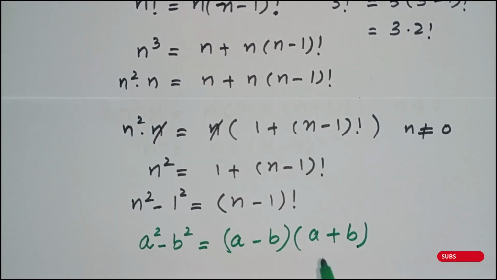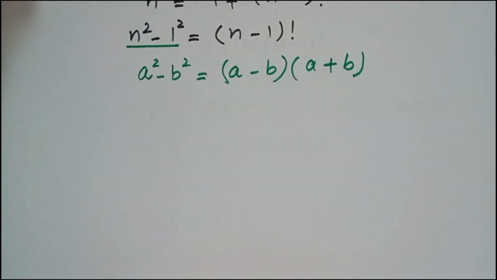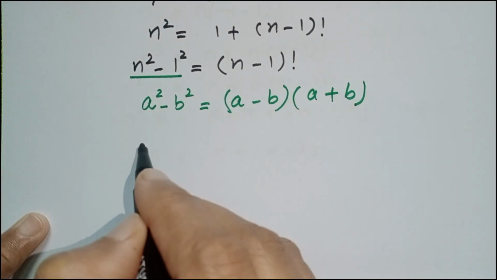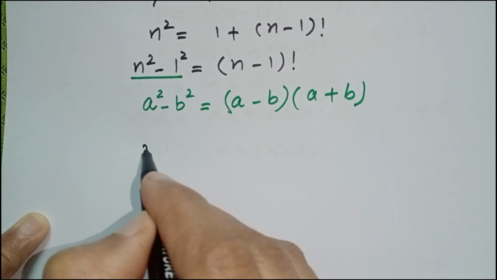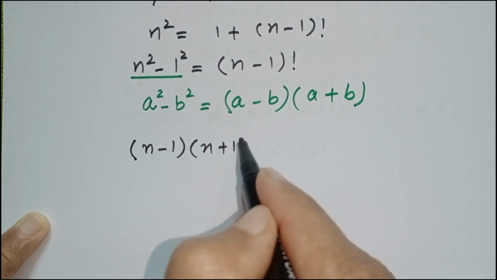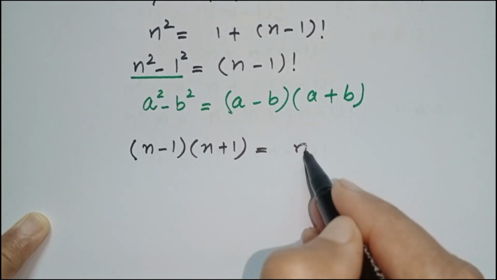We are going to use this formula here, n square minus 1 square. So in the next step, our expression will become n minus 1 times n plus 1 is equal to n minus 1 factorial.